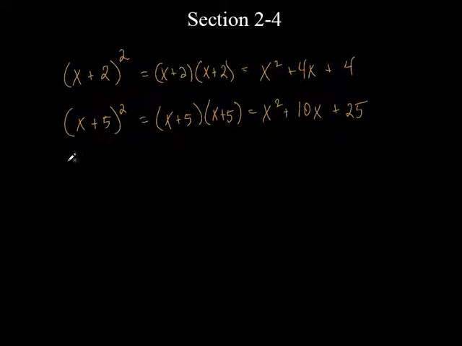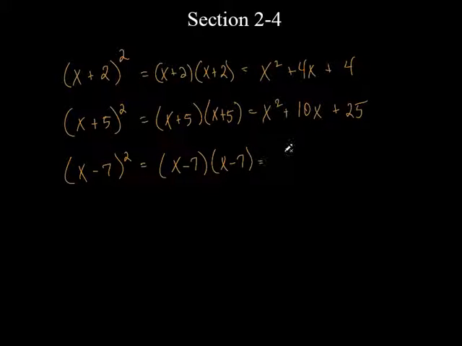Got it? Let's do a minus. Let's go x minus 7. All right, so what would this be? It'd be x minus 7 times x minus 7. All right, let's FOIL. X squared minus 7x minus 7x, which is minus 14x, and then plus 49. Yeah? One more.